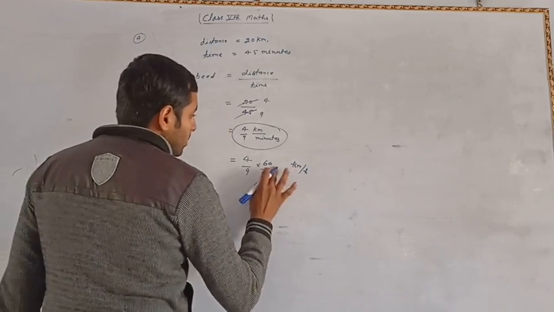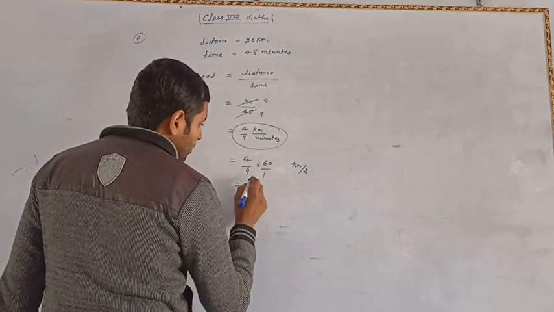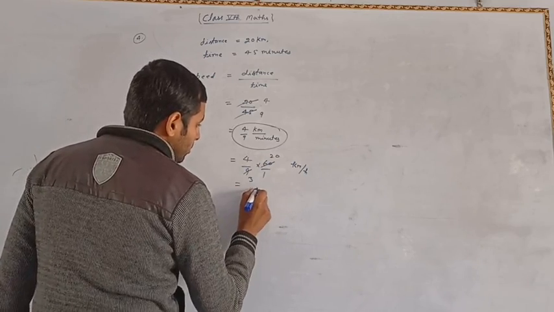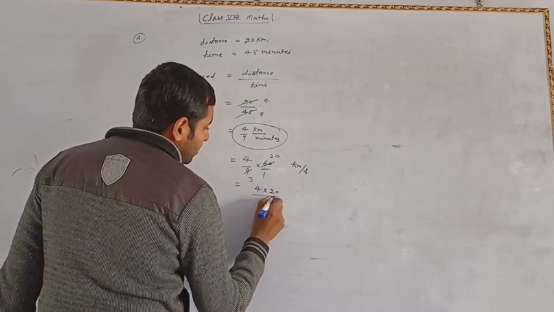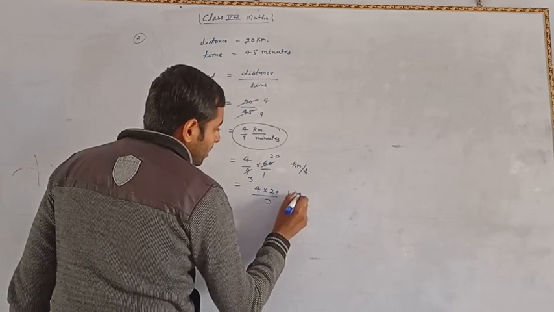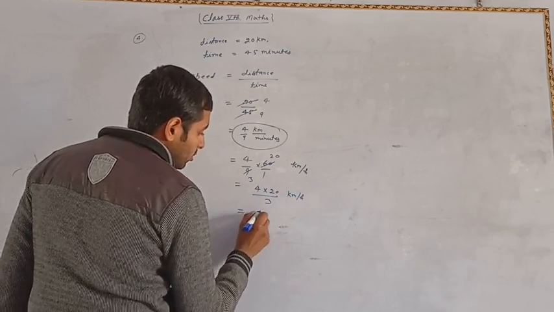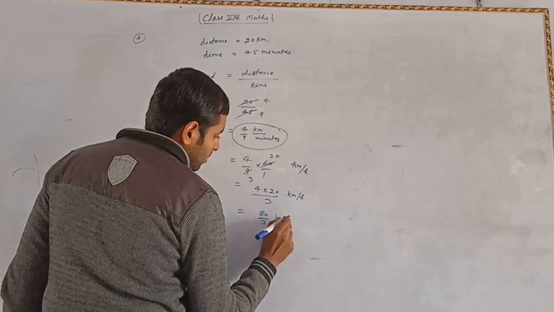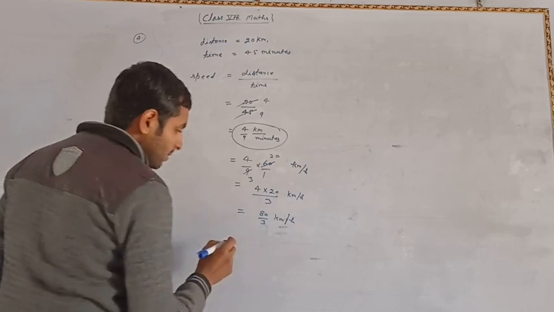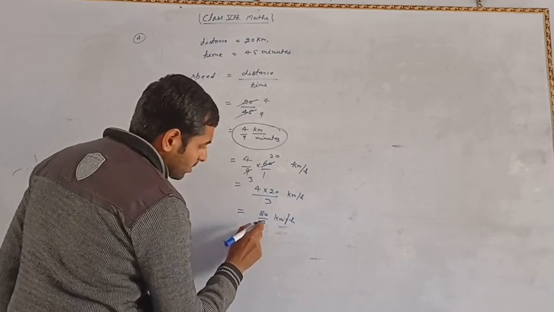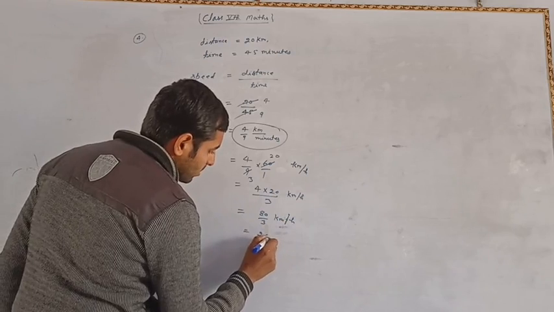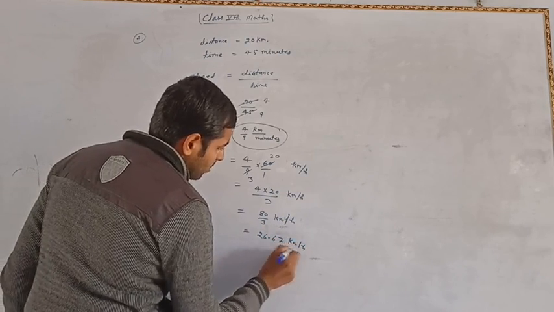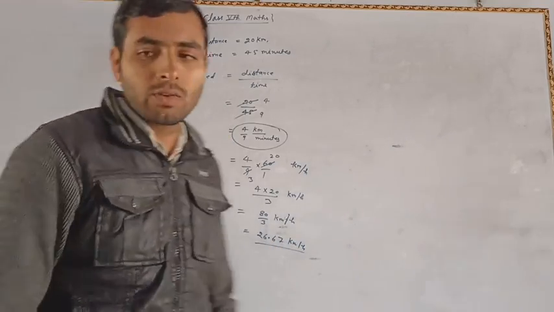Is equal to 3 3s are 9, 3 2s are 6, 3 0s are 0. 4 into 20 upon 3 kilometer per hour is equal to 80 by 3 kilometer per hour, which is 26.67 kilometer per hour. That is our solution of this question.